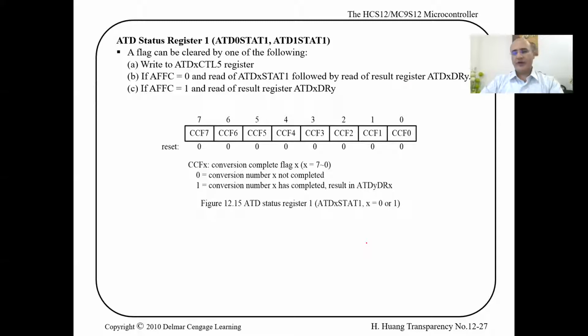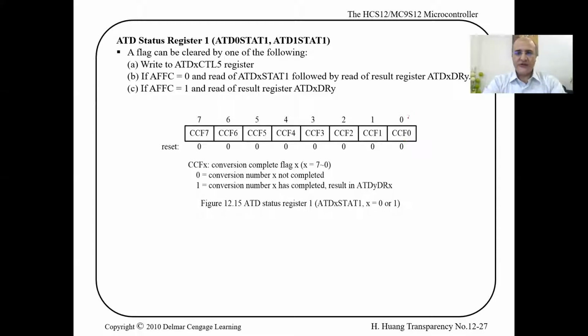Status register 1. Okay. Remember when we talked about automatic flag clear, fast flag clear? This is it. These are the flags. Whenever a conversion is complete, say you said go do 8 conversions, store in 8 registers, or three conversions.